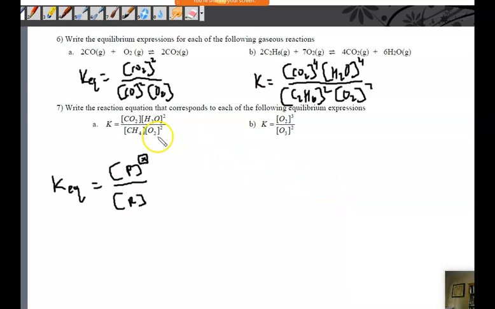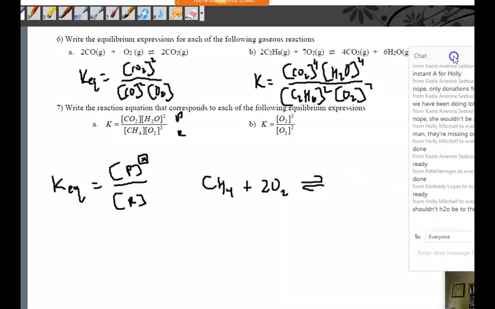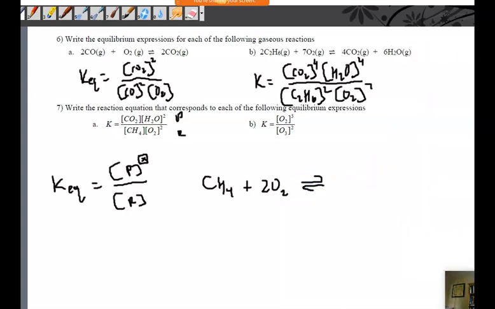And then write the chemical equations. Well, it's the backwards of this, right? So remember the products are on top, the reactants are on the bottom. So you would have CH4 plus 2 O2s give you, and you would draw the equilibrium arrow. Shouldn't H2O be to the 6th power? Yeah, I'm sorry. Yes, thank you.